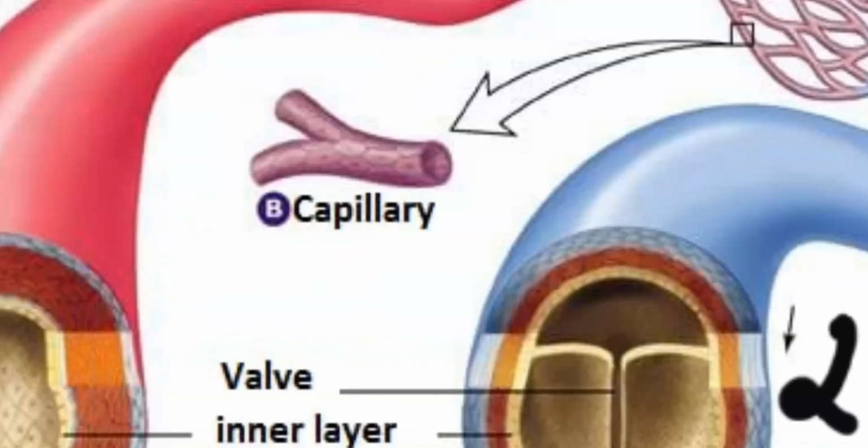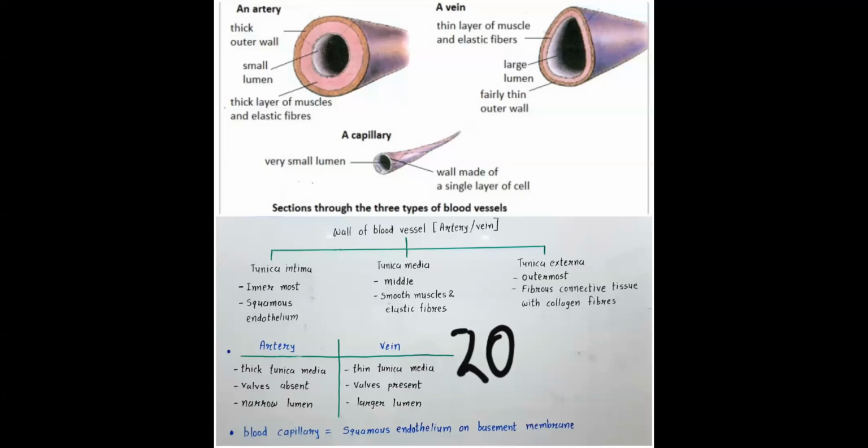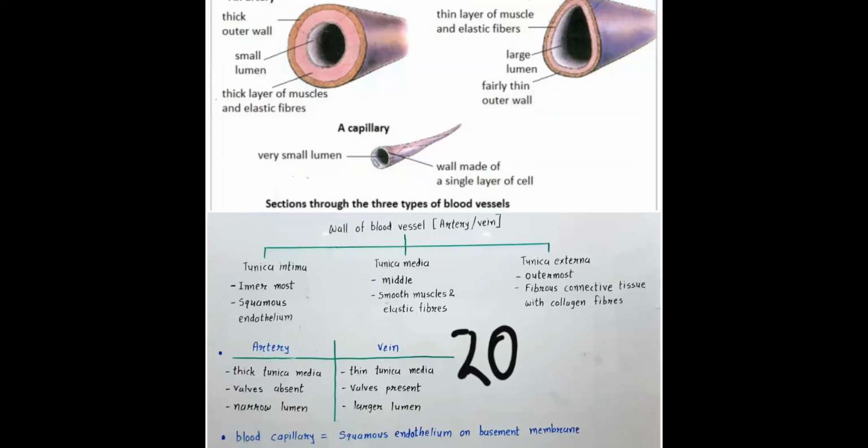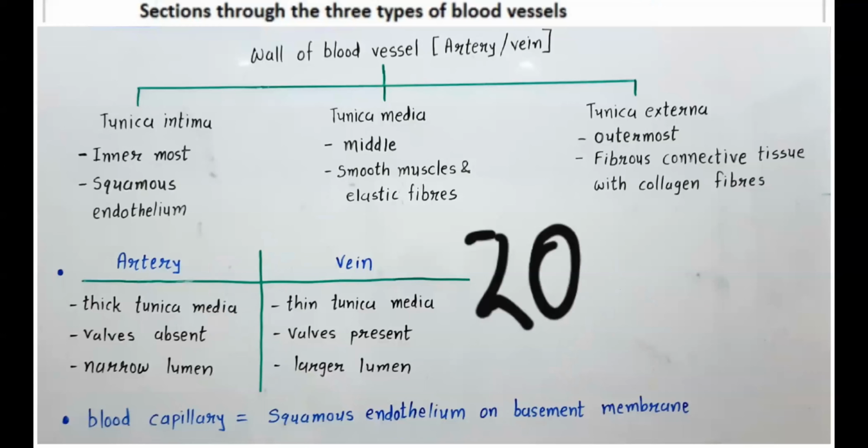बोलिए, आपको concept clarity मिला? आपको last point capillary भी एक बार explain कर दूं आपसे, so that capillary में क्या है कि wall is made up of single layer instead of 2 or 3 rather, tunica, intima, media and externa. It is having only squamous endothelium on a basement membrane.